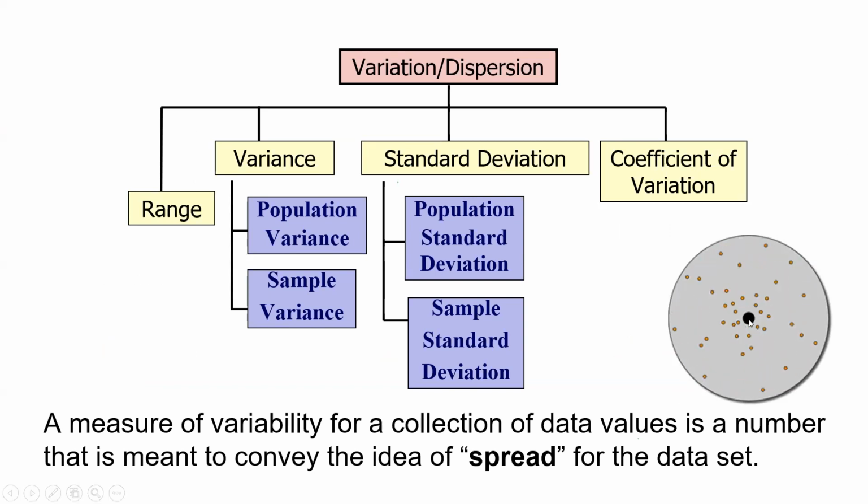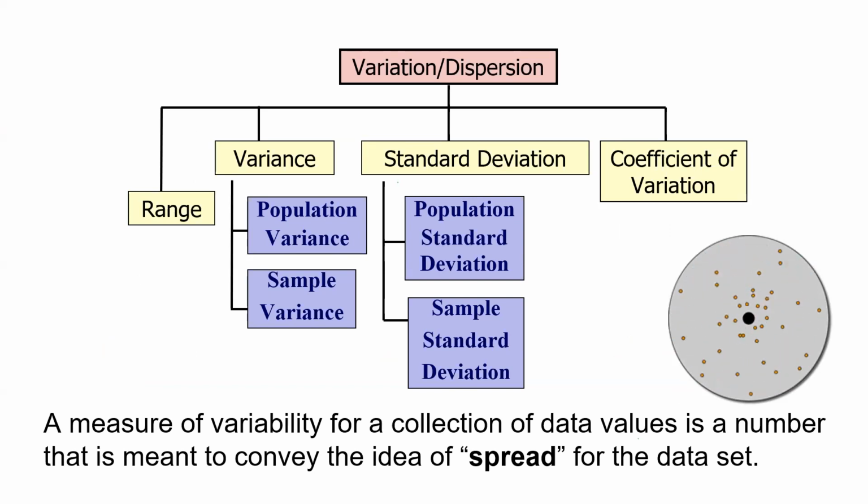For example, if this point here is the measure of central tendency, and these points here are the actual scores, measures of variation or dispersion would tell you how far the scores are from the mean, for example.